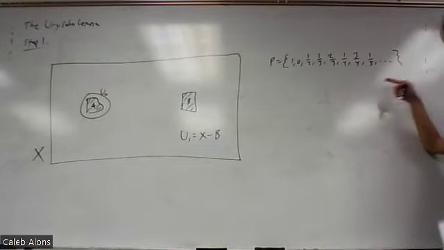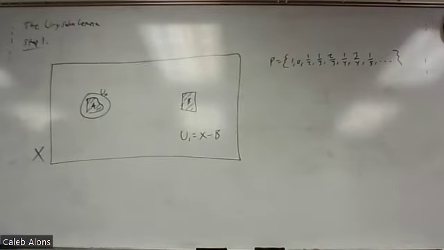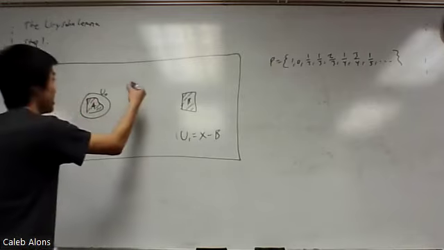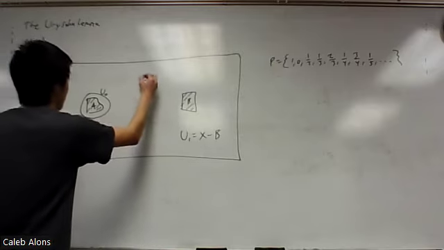If you're borrowing from this sequence, right now we have 1, we have 0. And for 1/2, I can have some open set that still has to contain all these, but it will be a little bit bigger.